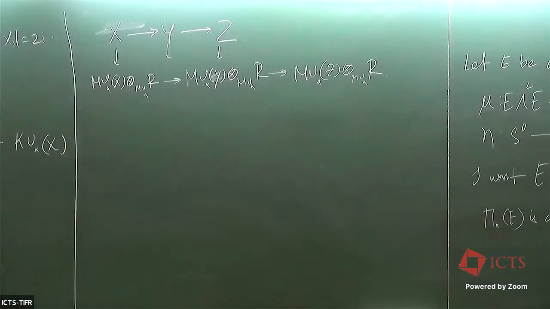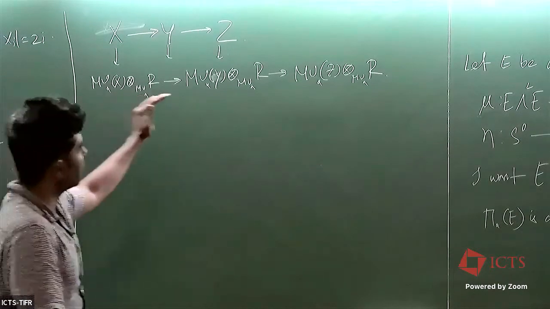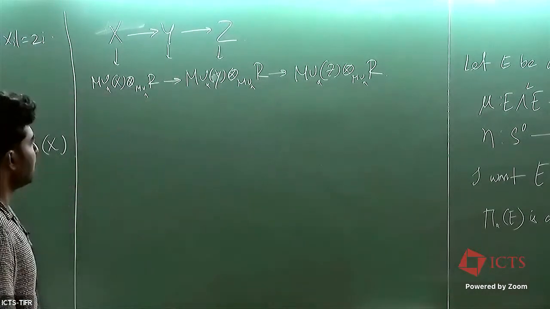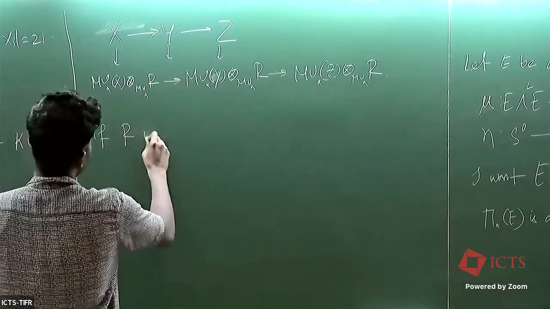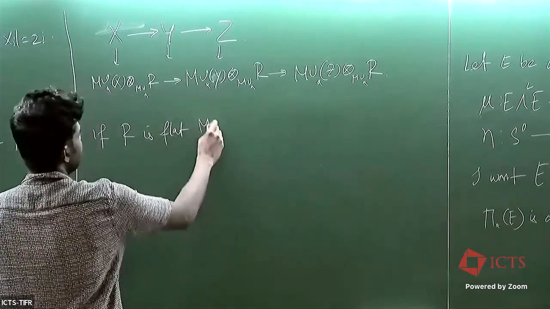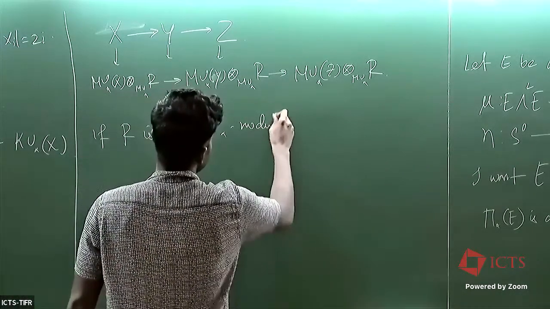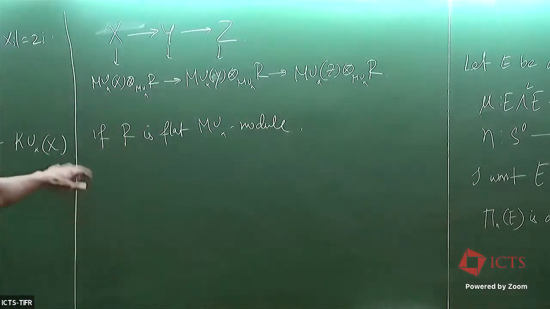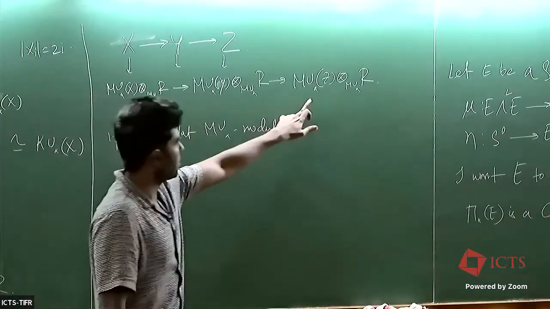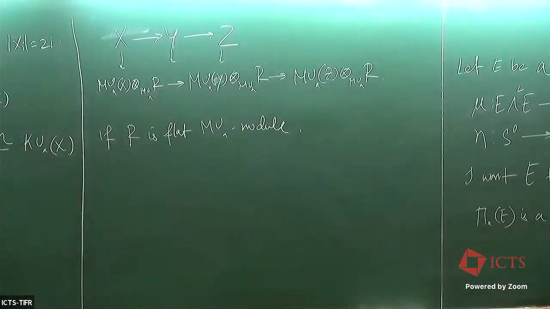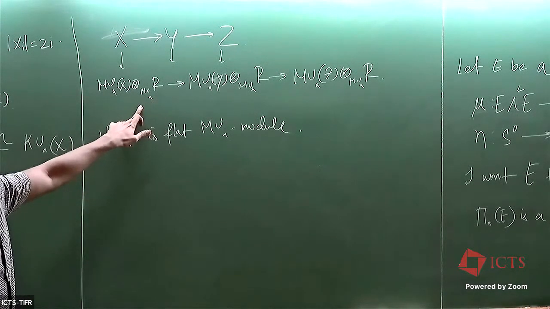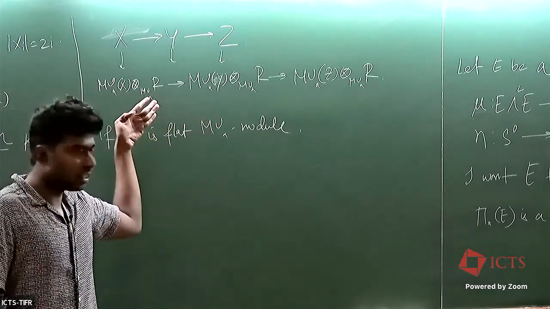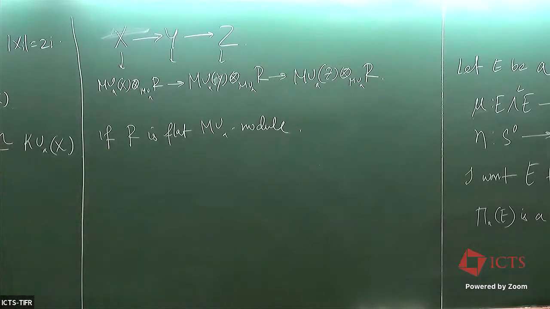If this is true, then X goes to this functor gives us a homology theory, so it gives us a spectrum. What condition can we impose on R such that this functor is exact? One thing is if R is a flat MU star module: since MU star of X to MU star of Y to MU star of Z is an exact sequence, then after tensoring with a flat R it still gives an exact sequence.